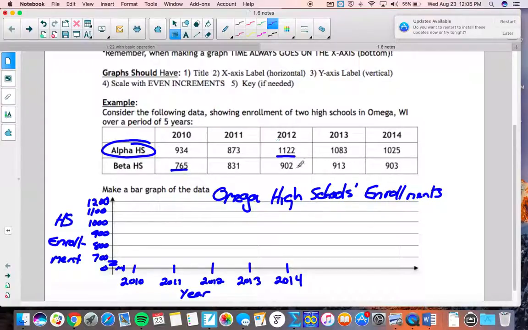And then what about a key? In this case, I'll start graphing it here. So alpha is at 934.